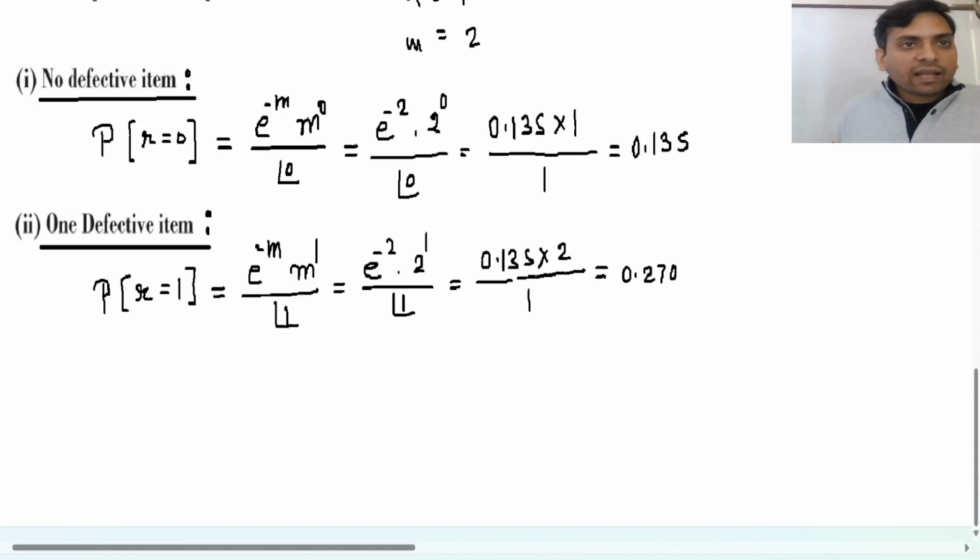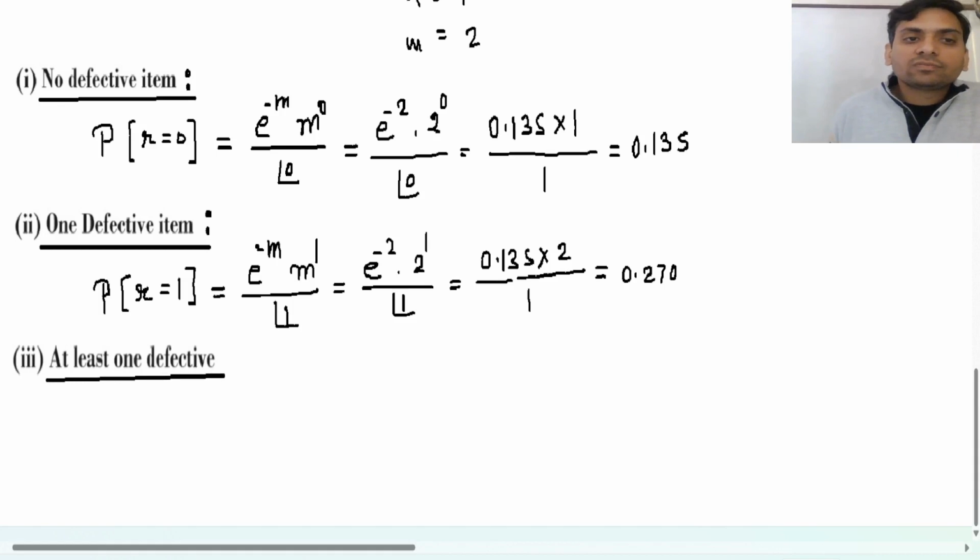So the next part is at least one defect. At least means कम से कम एक. कम से कम एक का मतलब 1 भी हो सकता है, 2 भी हो सकता है, और कहां तक हो सकता है? कितने?